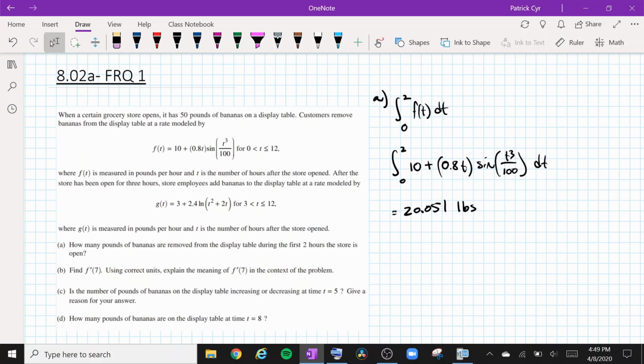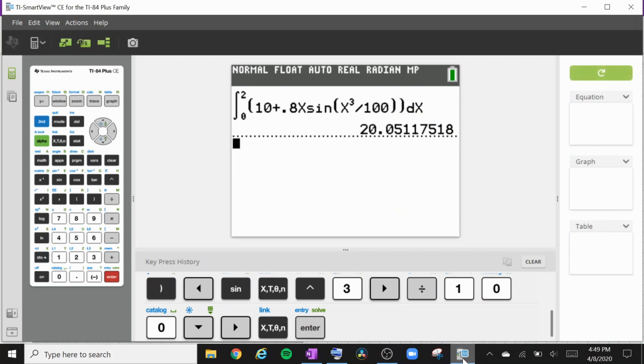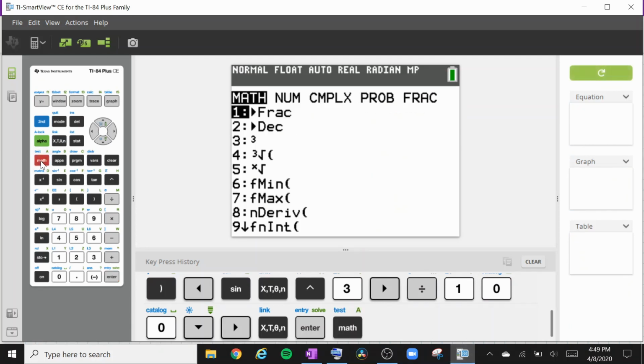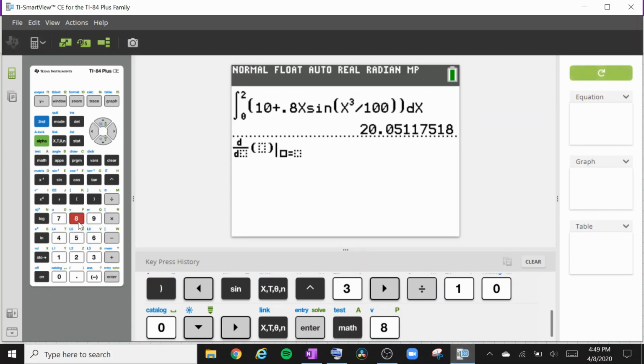All right, now let's find the derivative of f at 7. We're going to go straight to our calculator, and we're going to evaluate the derivative of this same function that we just integrated at 7. So we're going to find the derivative of f of t at t equals 7. To do that, we're going to go to math, and then number 8 instead of math 9.